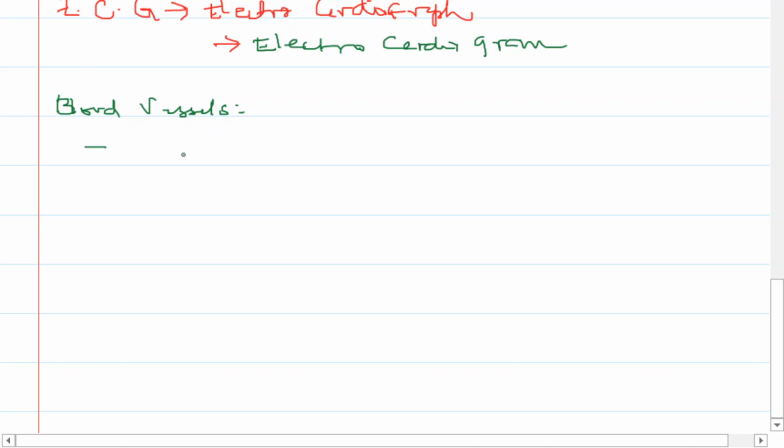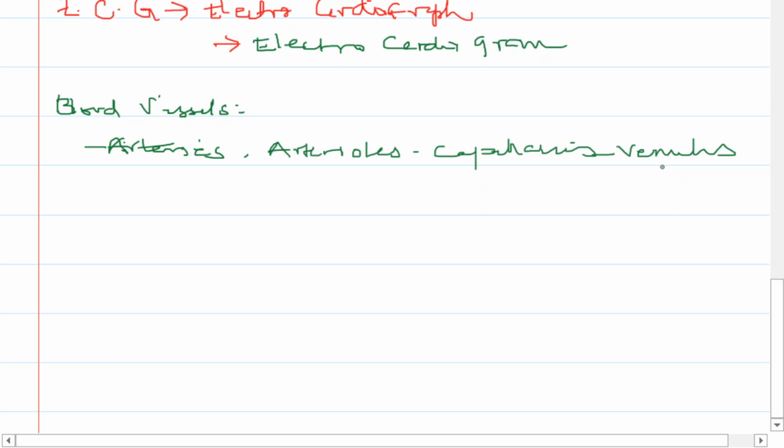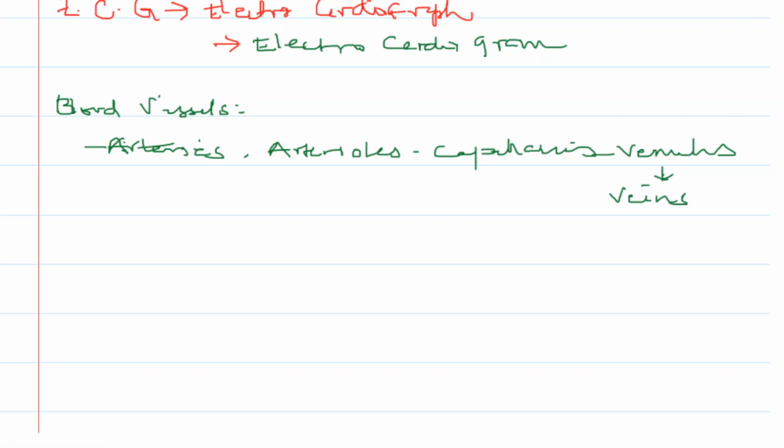They are arteries, arterioles, capillaries, venules, and veins, in that order. We are going from the heart and back to the heart. Okay, so these are the 5 different blood vessels that we see.